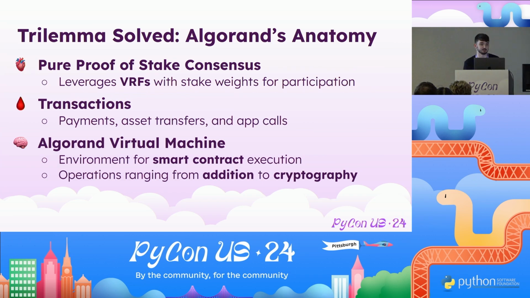We want to have a limited set of instructions that are very optimized for blockchain use cases. And the Algorand virtual machine can perform many different operations, ranging from simple addition, adding two numbers, to advanced cryptography, like verifying points on an elliptic curve.